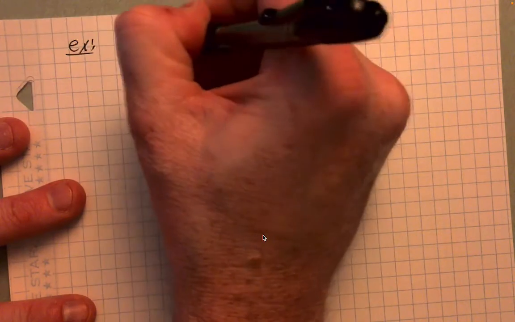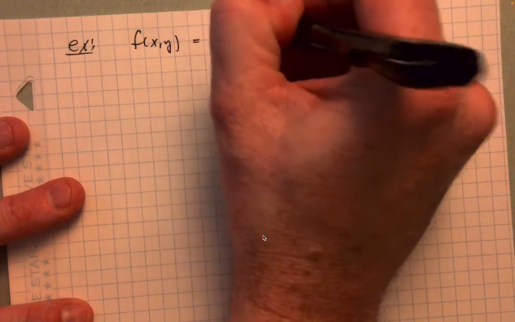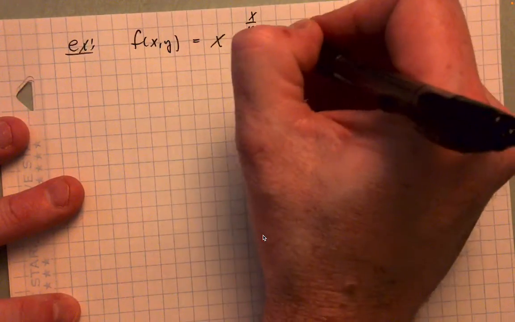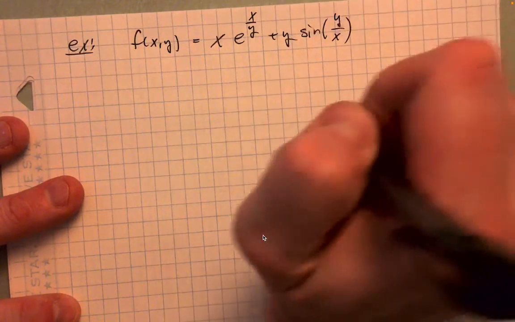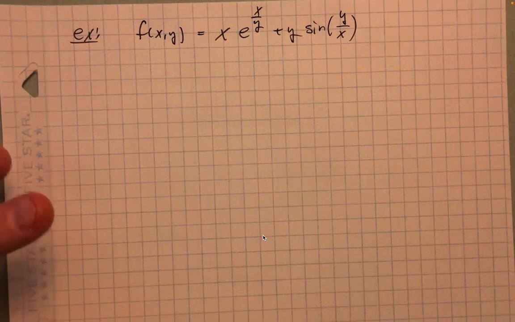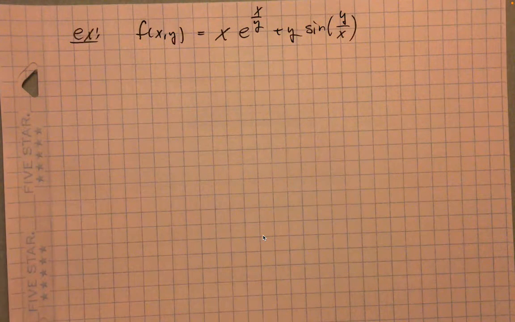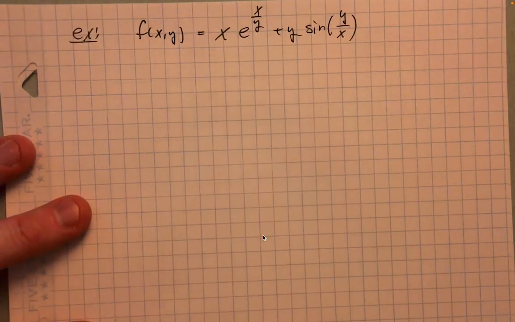Let's say f of xy equals x times e to the xy plus y times sine of y over x. Let's determine if this is homogeneous and what the degree would happen to be.